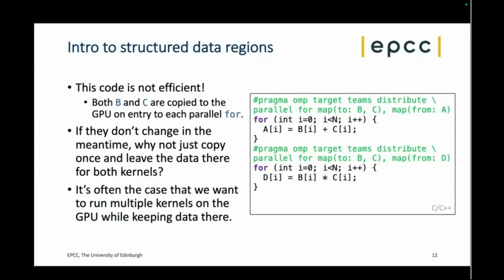a parallel loop. Now this is probably not the most efficient way to write it. You can see that here I have first a loop, then I have a second loop.